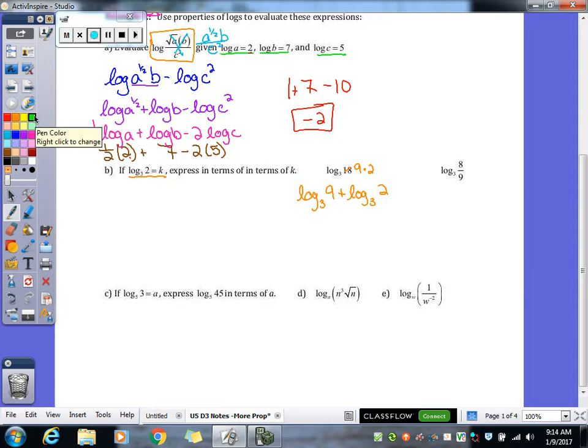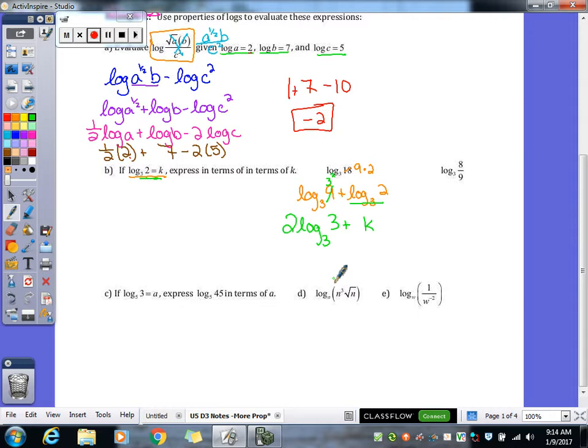So now again, this I can replace with my k because they gave us that over here, that log base 3 of 2 is a k. So that's a k. This I'm going to change to be 3 squared. So that gives me 2 log base 3 of 3.